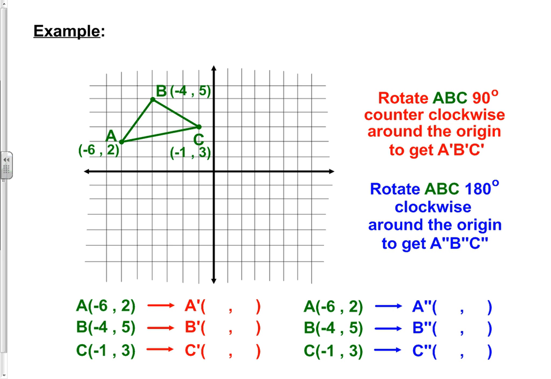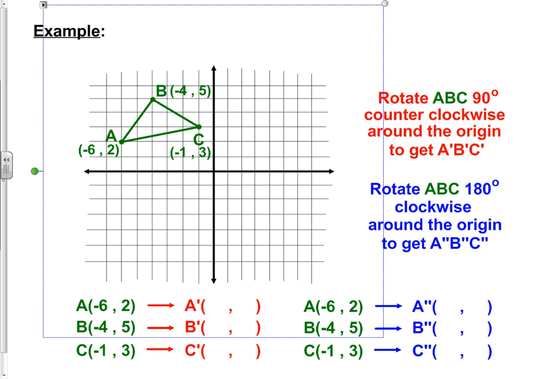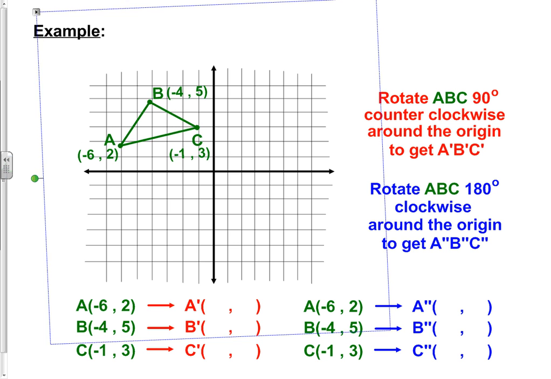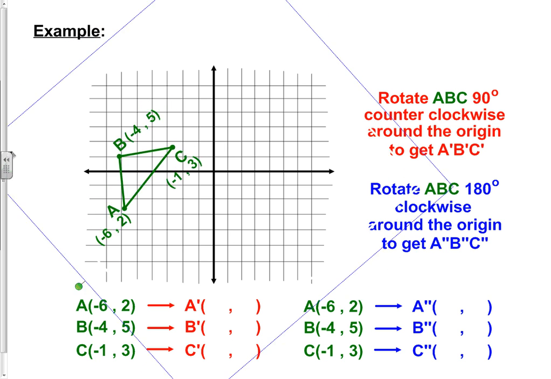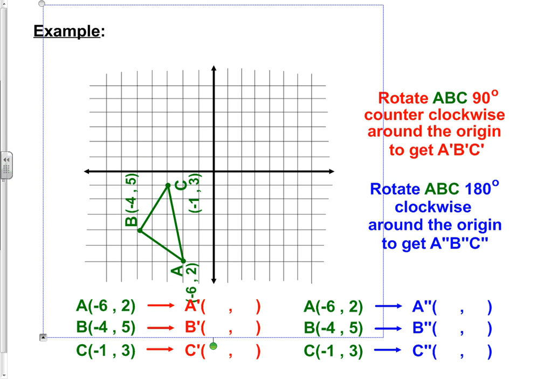Okay. Now, if we rotate 90 degrees counterclockwise, where will that send us? Okay, well, 90 degrees is a quarter turn, and counterclockwise is this direction. So that's going to bring our triangle into quadrant 3. Okay, well, what are the properties in quadrant 3? Obviously, we cannot use these values that we have for these ordered pairs because in quadrant 3, the signs are not the same.